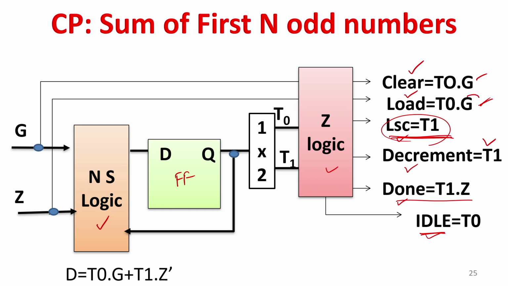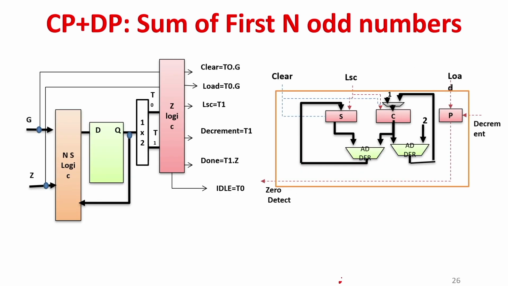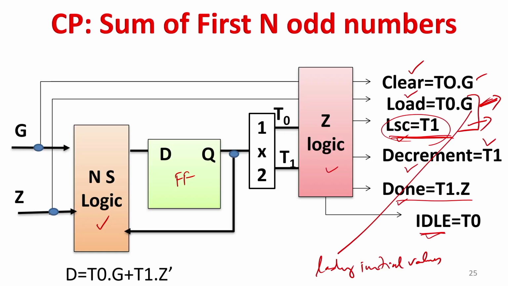So, these two are, one is loading the initial values, and this one is loading the currently calculated values. Two things are required. First thing is loading initial values, second one is loading calculated values.